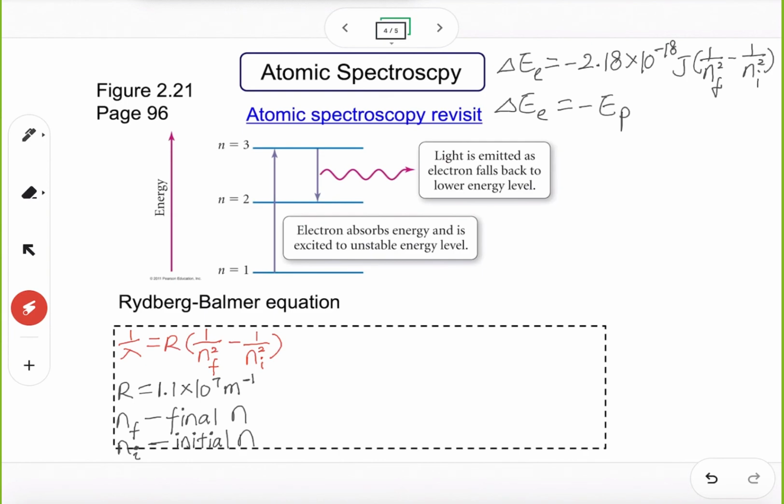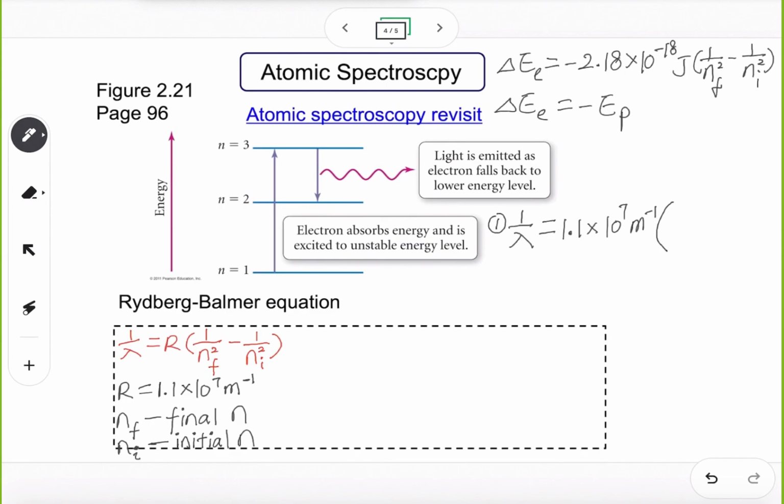All right. Now, as I mentioned, for this particular example, the electron goes from n equals 3 to n equals 2. So let's just use this example to calculate what the wavelength of this photon is. Let's just plug in the numbers and find out. Step 1, I'll write it here: 1 over lambda equals 1.1 times 10 to the 7 meter to the negative 1.